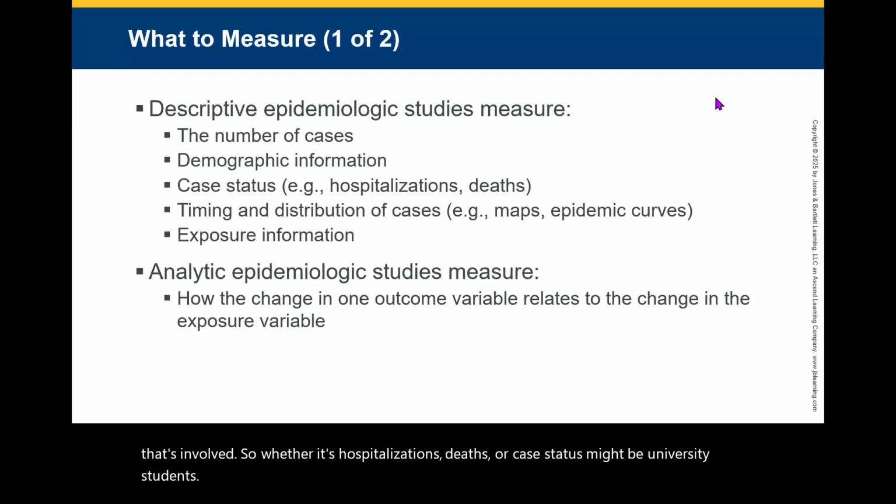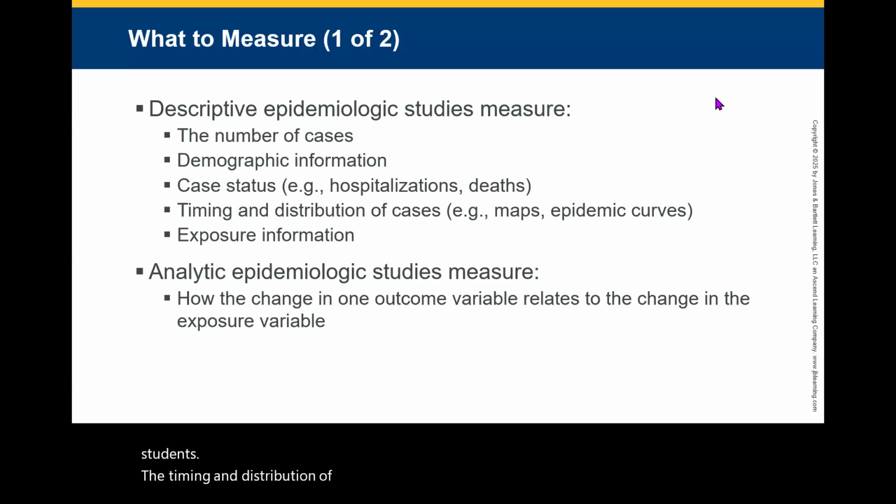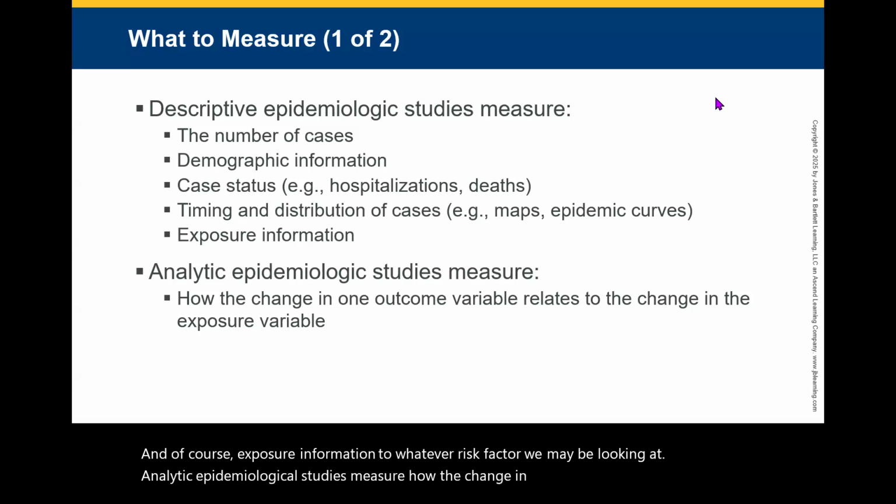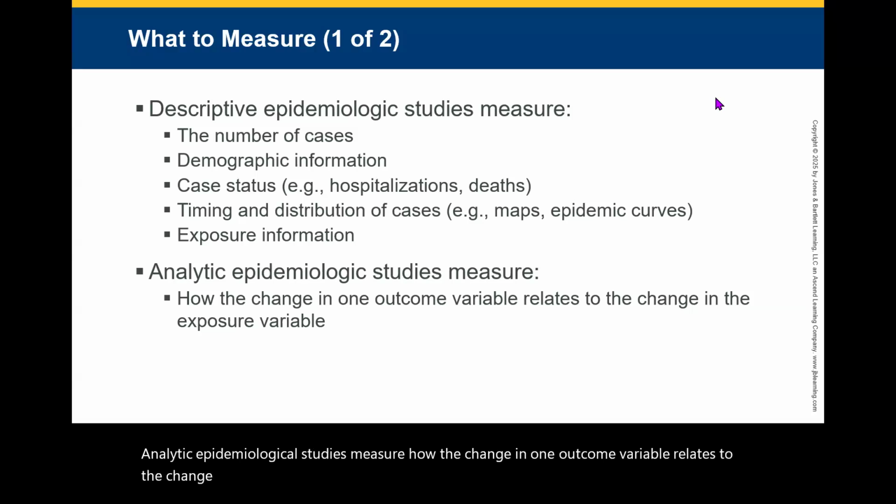The timing and distribution of the cases, so if we are looking at epidemic curves, and of course, exposure information to whatever risk factor we may be looking at. Analytic epidemiological studies measure how the change in one outcome variable relates to the change in the exposure variable. So we might be looking at a risk factor such as not using sunscreen and the outcome being that of skin cancer.